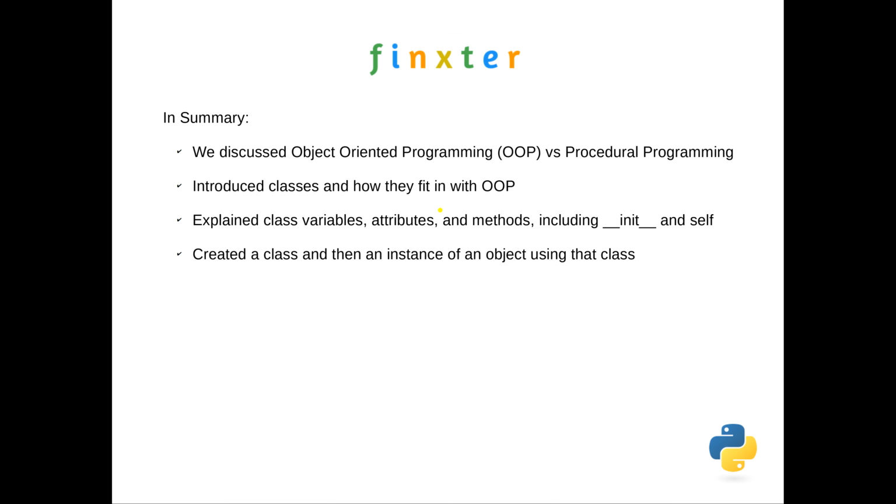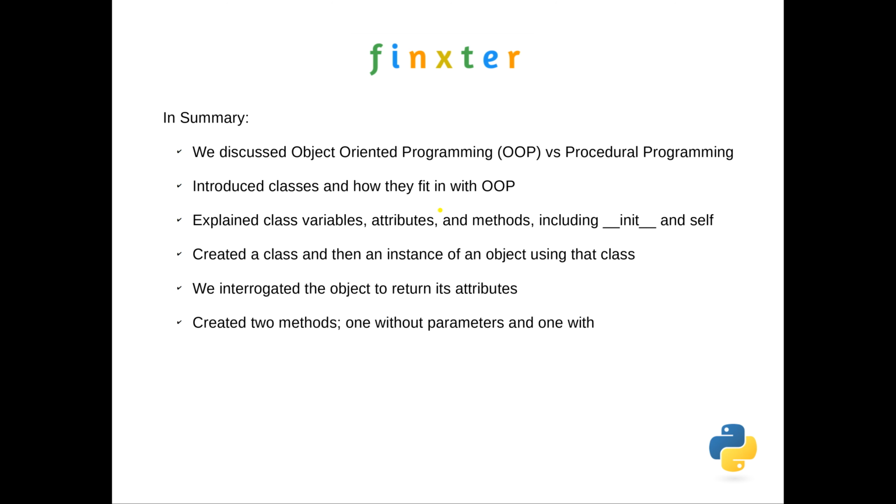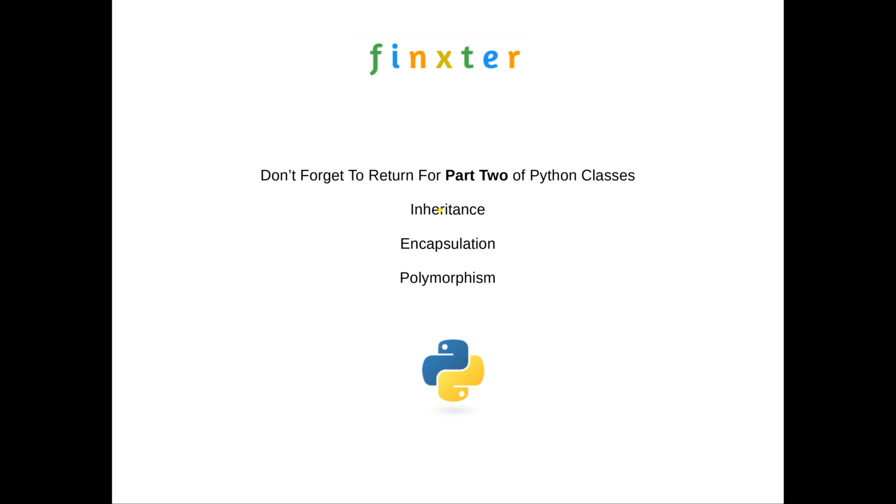We created a class, and then we created an instance of an object using that class and interrogated the object to return its attributes. And then finally we created two methods, one without parameters and one with, just so that you could see that once again, like a function, you can do both. And then we used the methods to carry out functions on our object and return a result.